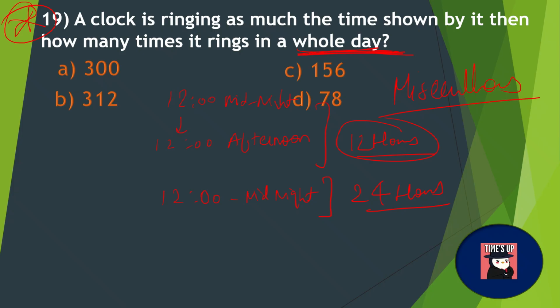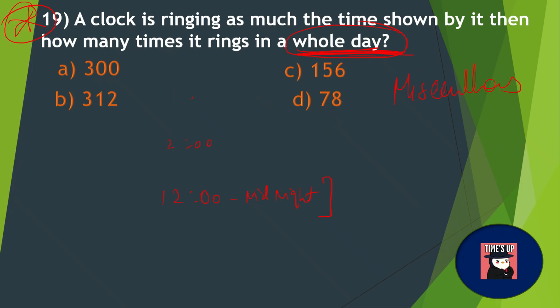Now again from 12 o'clock afternoon to 12 o'clock midnight will be total 24 hours. Correct? So they have asked the whole day, so 24 hours. First we need to find out for 12 hours and multiply by 2 will give you the whole day.